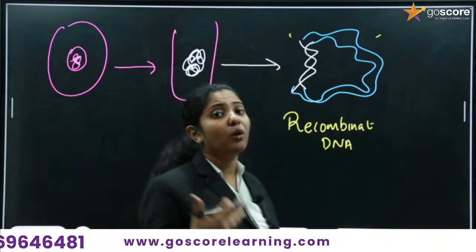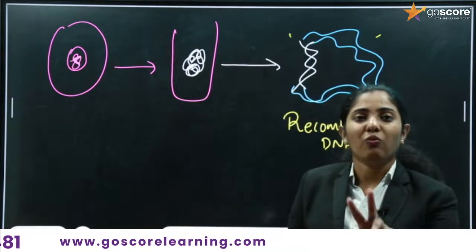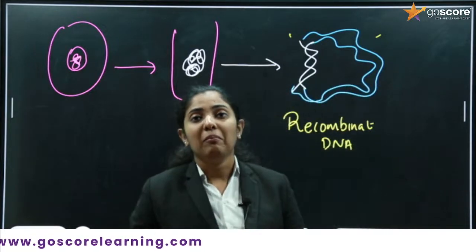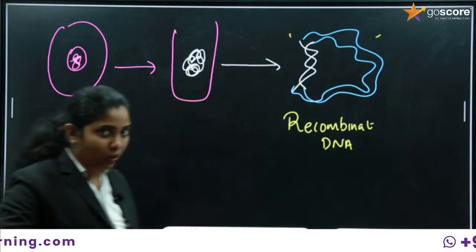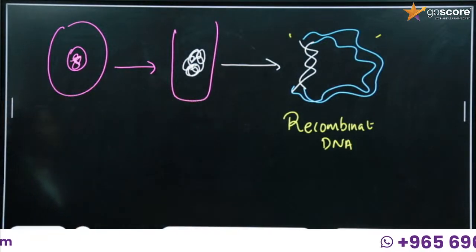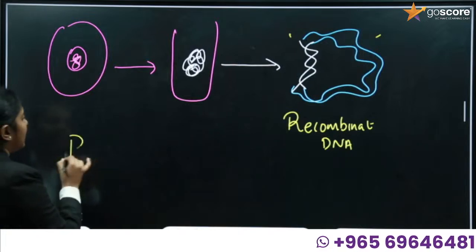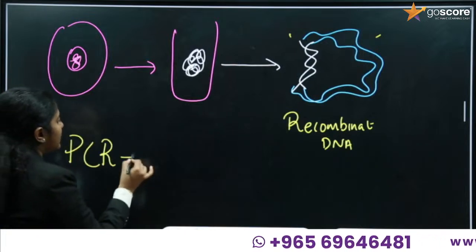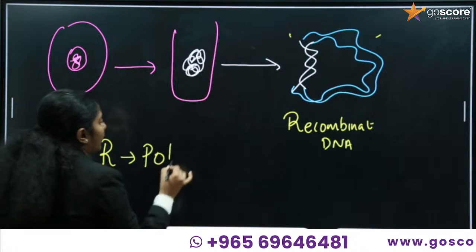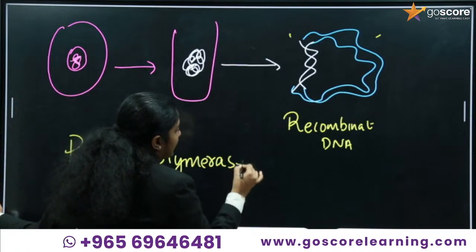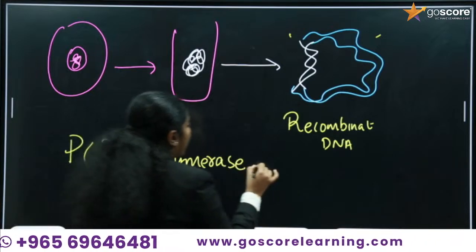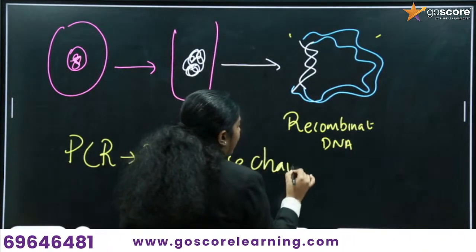Multiple copies means not one or two or three, a great number of DNA copies can be produced by the process called PCR. What is PCR? Polymerase is the enzyme used. Polymerase chain reaction.